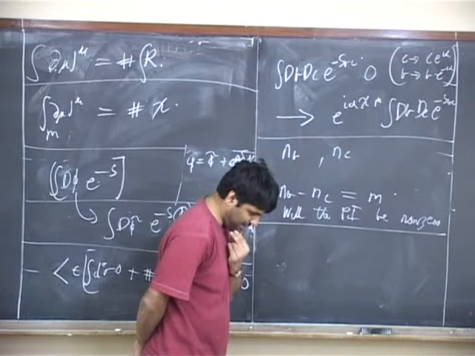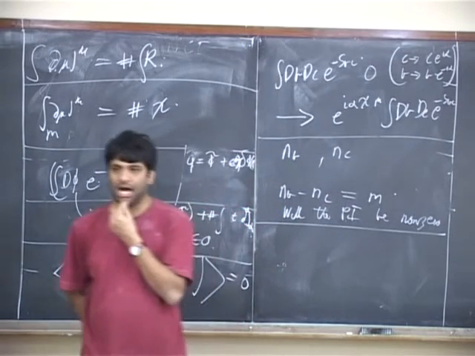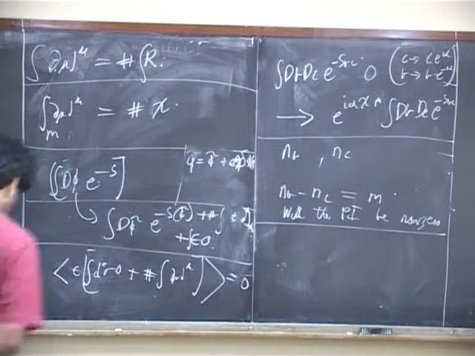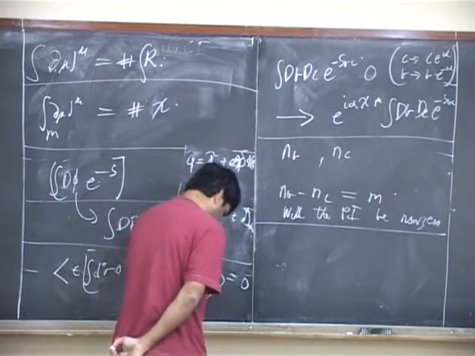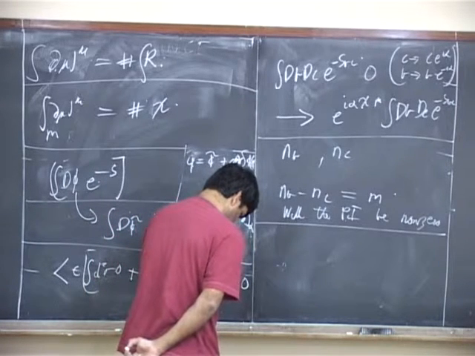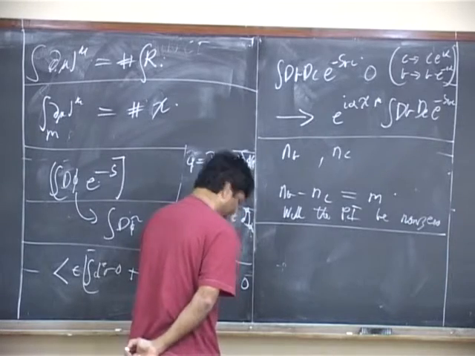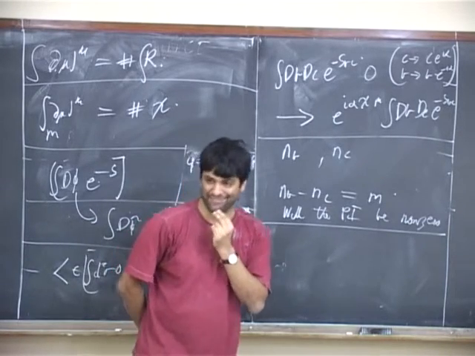Let me try to explain that independently. We also saw that the ground state of the theory was not the identity. It's somehow related to that. Exactly.